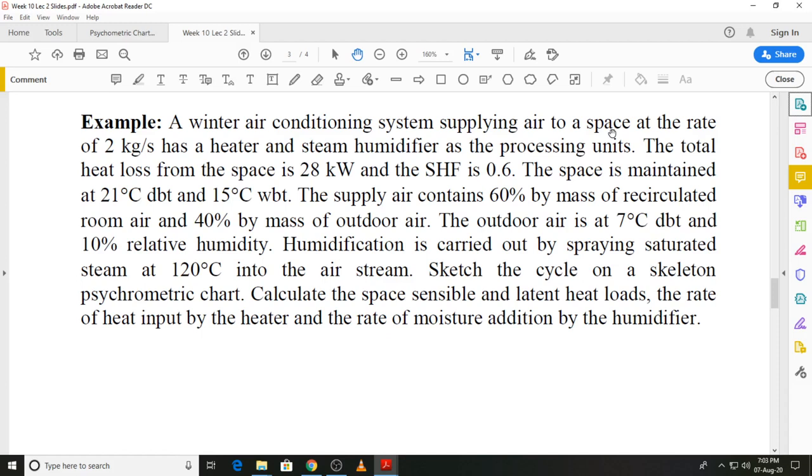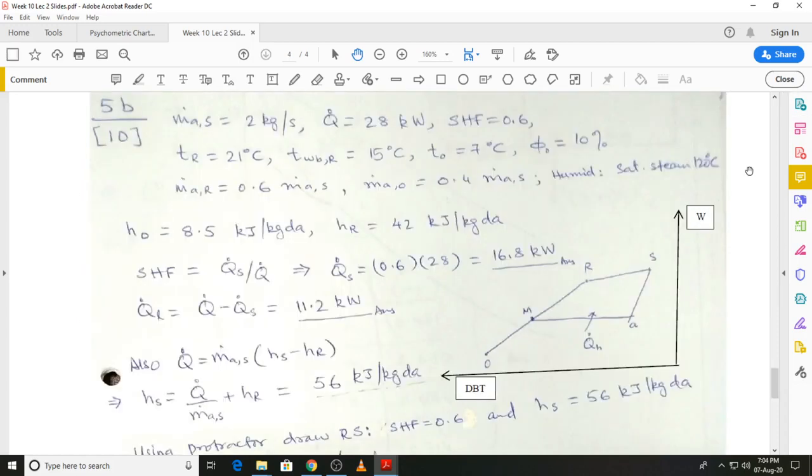The first thing that we have to again go back to is the representation of the cycle. So you can see that the cycle is the familiar cycle. We have the outside air shown by the symbol O, recirculated or the room air condition by the symbol R, and then they are combined together or mixed together to give us state M, and that is the state M which will first be sensibly heated.